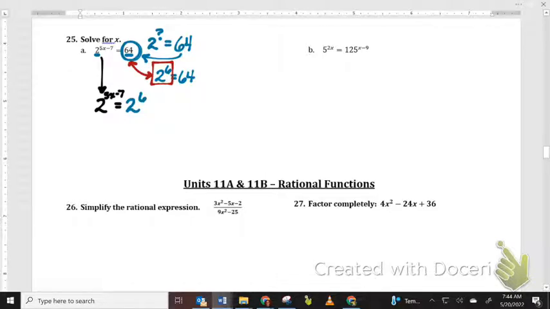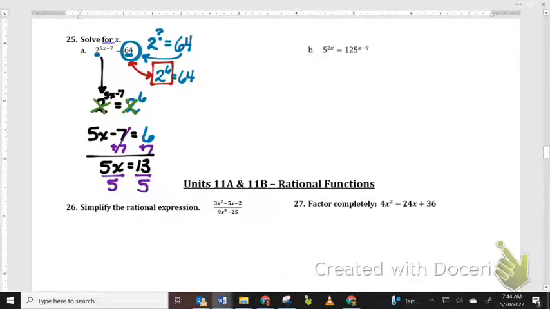The 2's now will cancel out, yes. When my bases are the same, I can ignore them moving forward. So I would have 5x minus 7 equals 6. And from here, I'm going to add 7 to both sides. 5x equals 13. Divide both sides by 5.